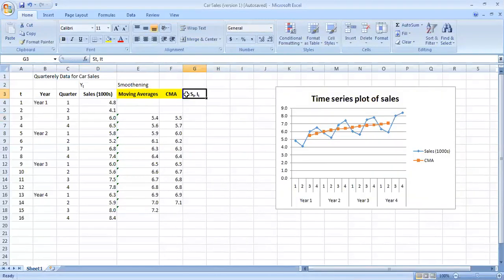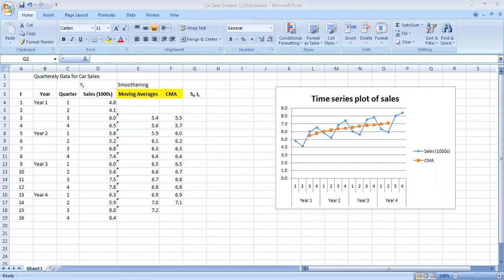The reason why we can derive the ST and IT values by dividing sales values by the centered moving average values is basically because of the multiplicative model. About the multiplicative model, you can read it in slide number 19. Actually, we have covered the theory in your business statistics module also.